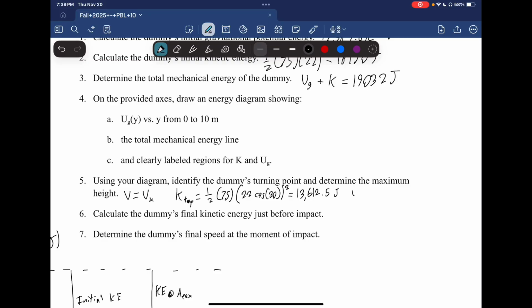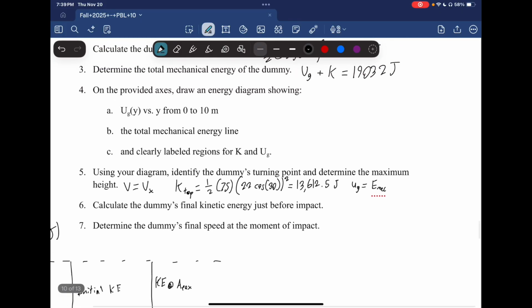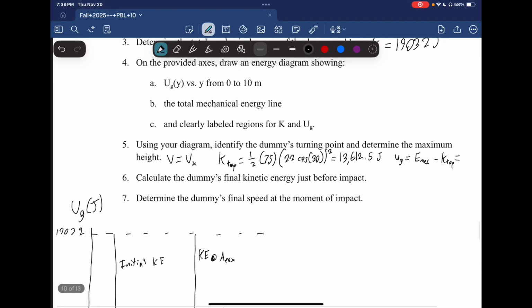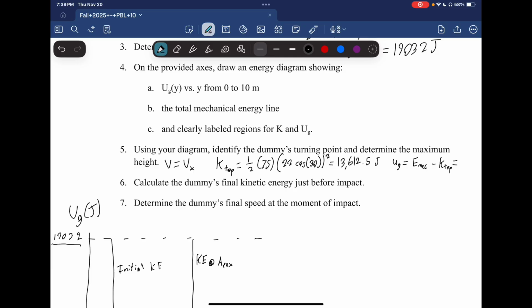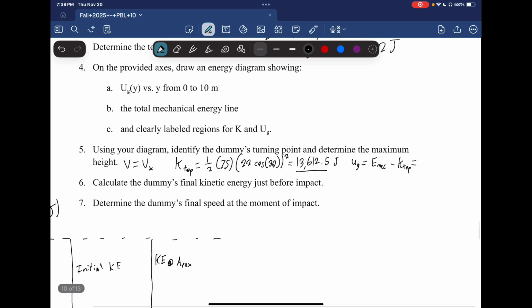And then the potential energy at the top equals the total mechanical energy, so that's that dashed line, minus the kinetic energy at the top. And so this is just our 19,032 minus 13,612.5.